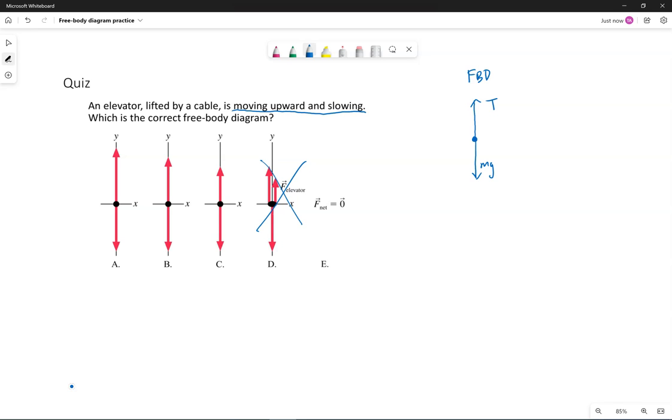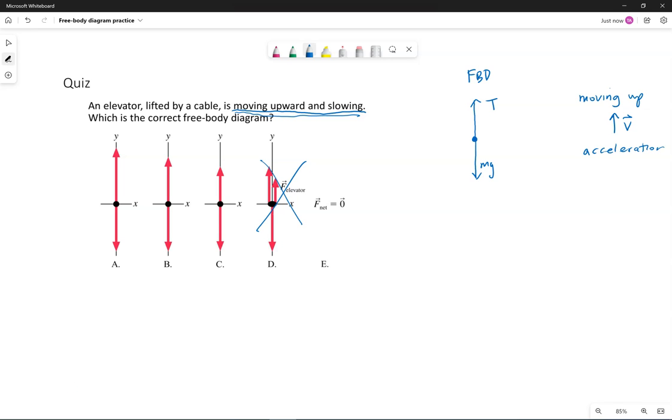Now we have to reason out what is meant by moving upward and slowing. This portion comes from the last section. If the elevator is moving upward, I would draw the velocity it has pointing up. Let me draw that better. The acceleration.